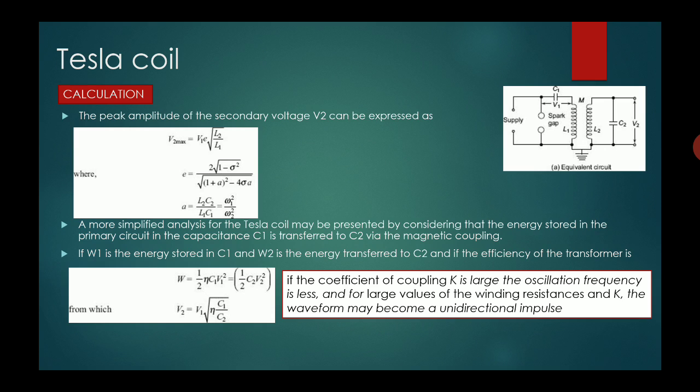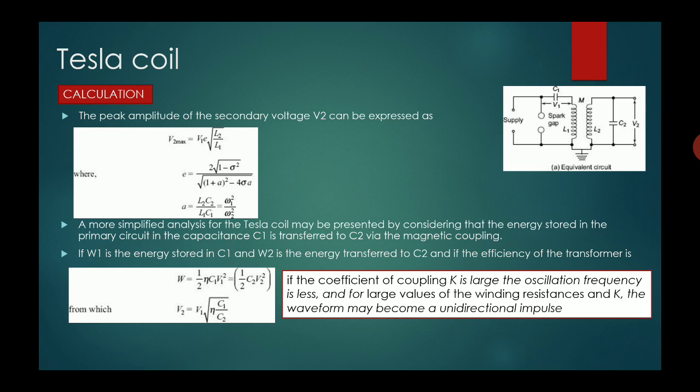So if the coefficient of coupling K is large, and the oscillation frequency is less, and for large values of winding resistance, there are three things: the coefficient of coupling K is large, the oscillation frequency is less, and the winding resistance is high.